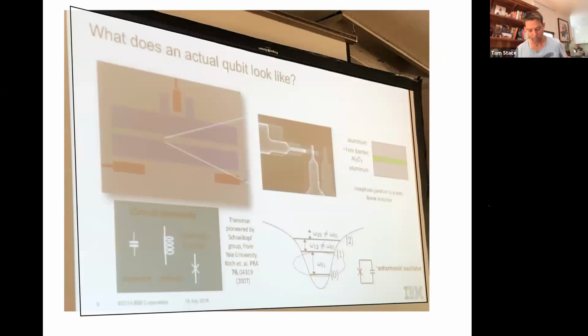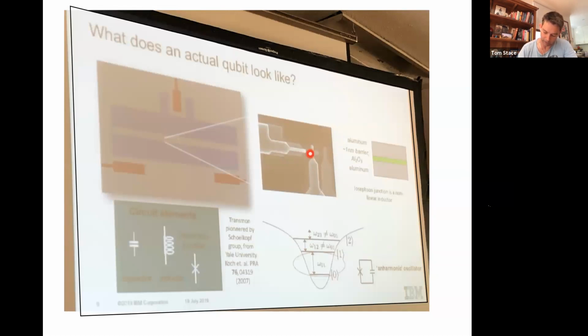Okay, so people build these gadgets. Here's a photo that I took from a talk of somebody from IBM, and I'm sure you've seen these kinds of pictures before. Here's a representation of a scanning electron microscope image of a fabricated Josephson junction.